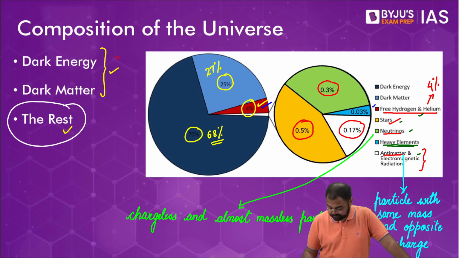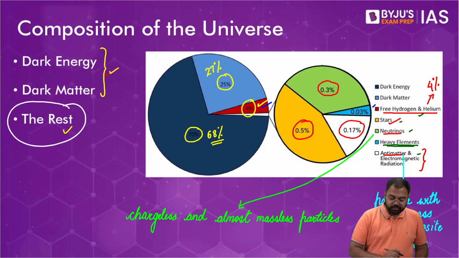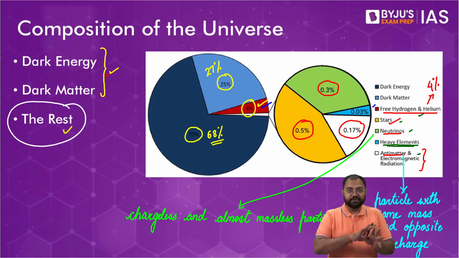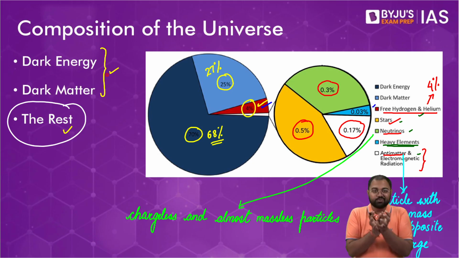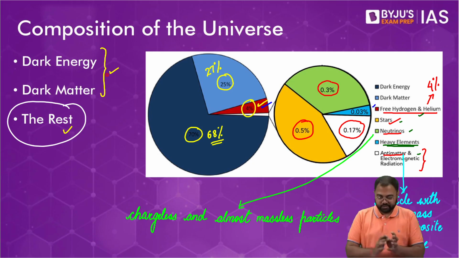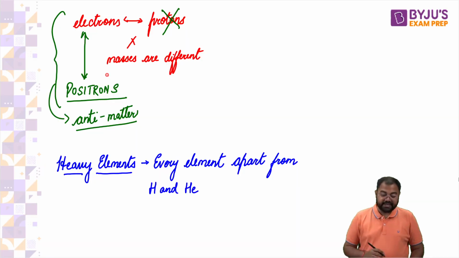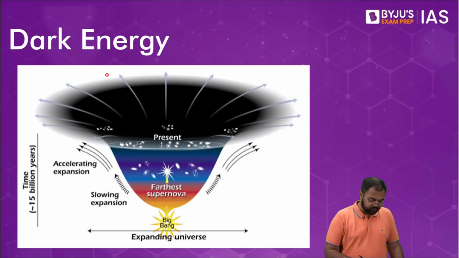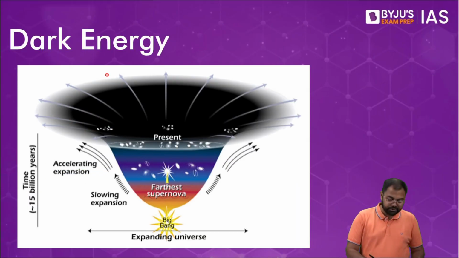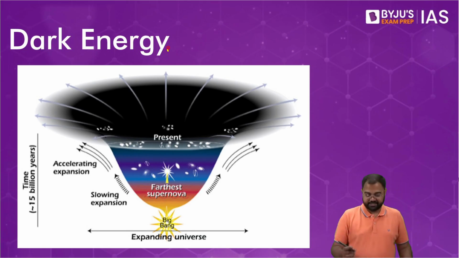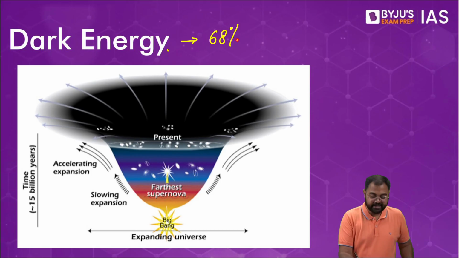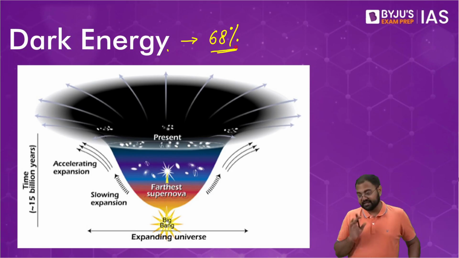Move on. So now we know about the rest. We know what exactly the 5% of the universe is composed of. Now coming to the 95% of the universe, where the bigger proportion is held by dark energy. As I told you, 68% of the entire universe is said to be dark energy.